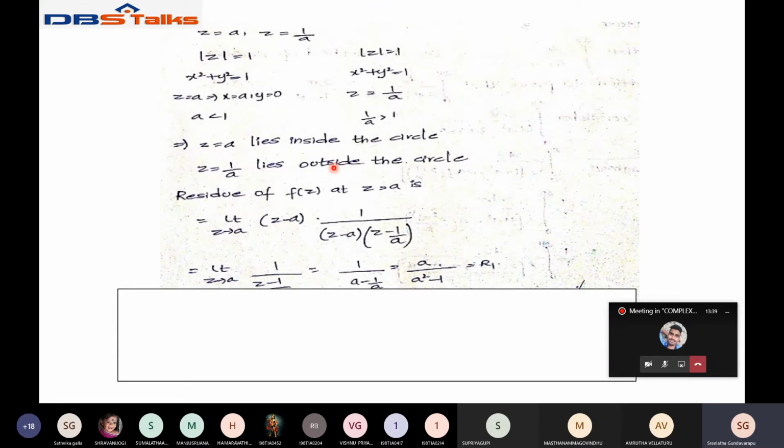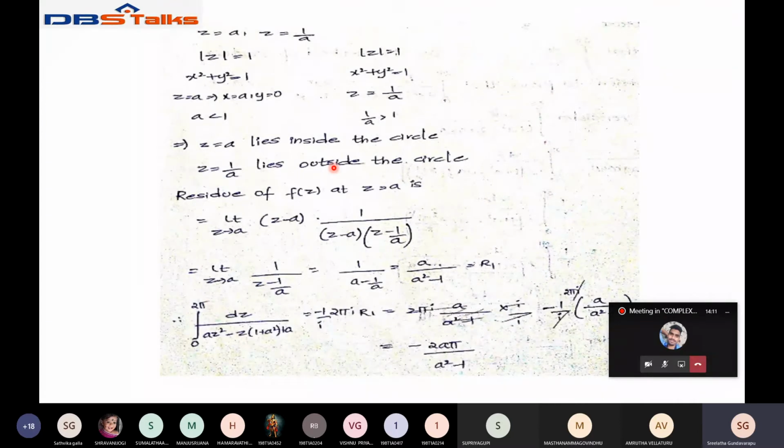Next, to find the residue at the pole inside. The residue of f(z) at z = a is the limit as z tends to a of (z − a) f(z). f(z) can be written in the form 1 / ((z − a)(z − 1/a)). That equals the limit as z tends to a. After cancellation, 1/(z − 1/a), then substitute z = a, we get a/(a² − 1), that equals r1. The second pole is outside the circle, so r2 is 0.